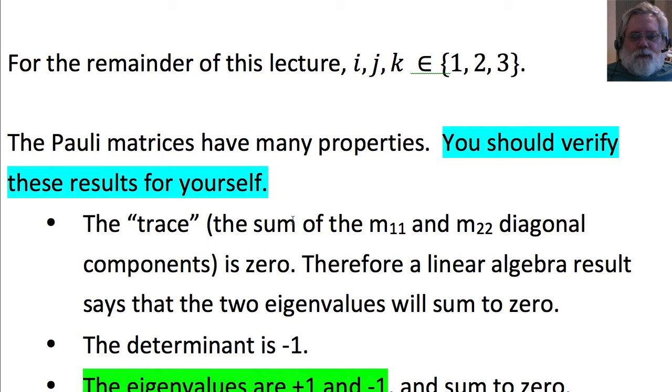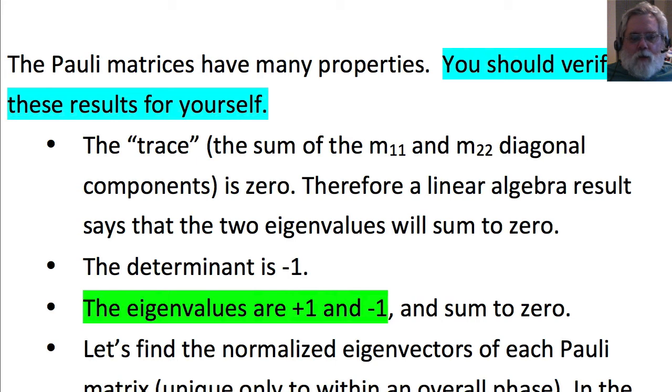So the trace of a 2 by 2 matrix is the sum of M11 and M22. And that is 0 for all 3 of the Pauli matrices. A result in linear algebra says that therefore the 2 eigenvalues of each Pauli matrix are going to sum to 0. The determinant of each Pauli matrix is -1.